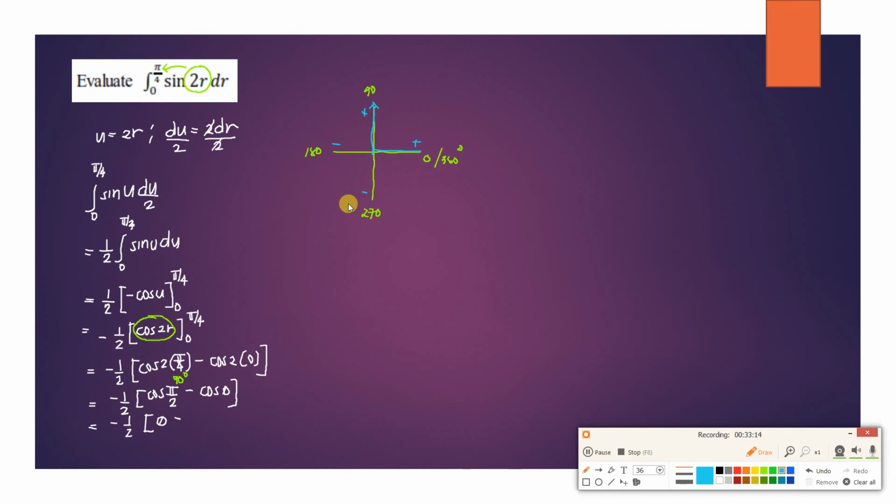Napag-aralan nyo sa trigonometry, yung unit circle, it means yung radius ko ay 1 unit. Parang sinasabi natin siya ay isang malaking bilog. Ito yung center, kaya yung radius na to is 1.